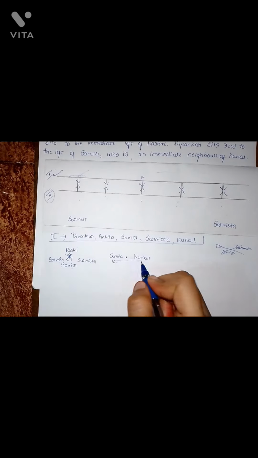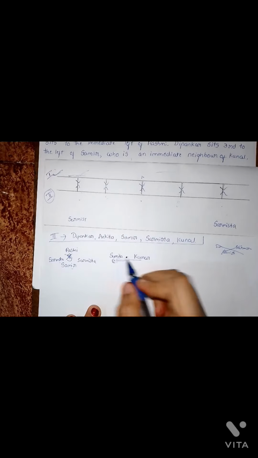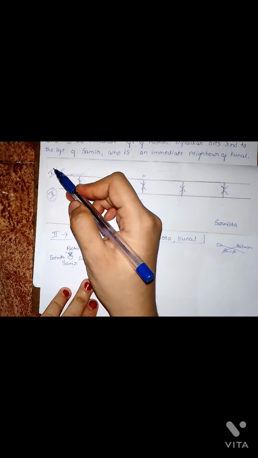Immediate right means this, second right means one space and this. So Kumar's second right means our left, because they are seated in the first row. It is inverse to us.